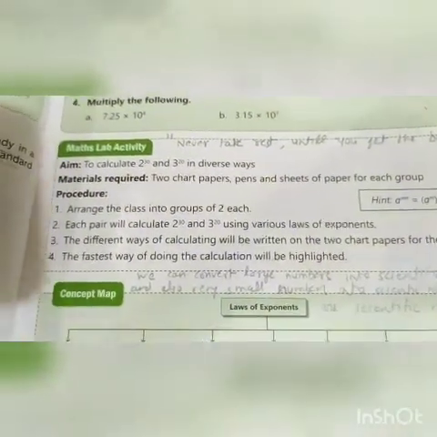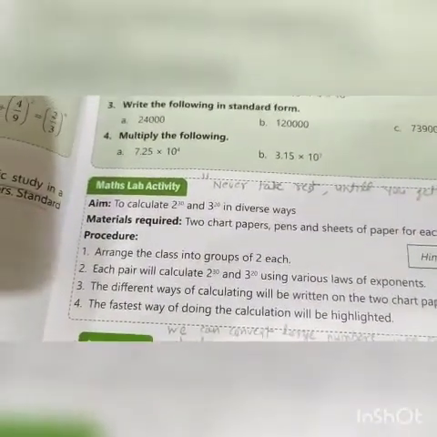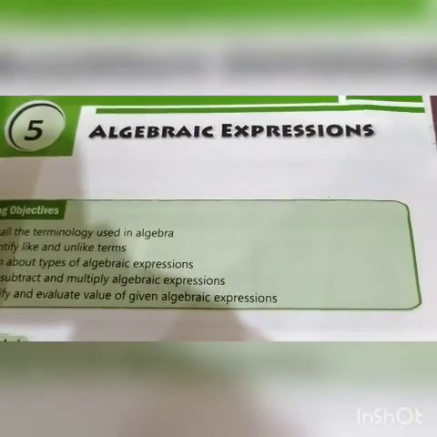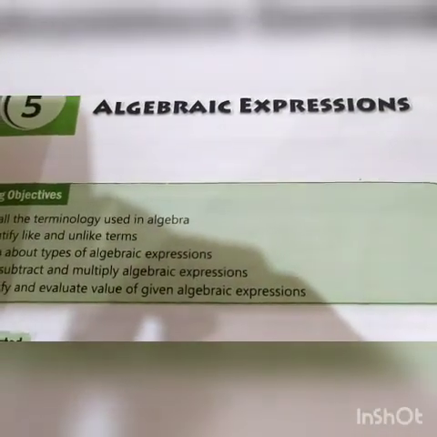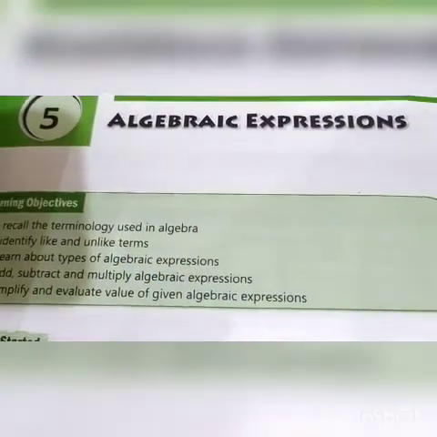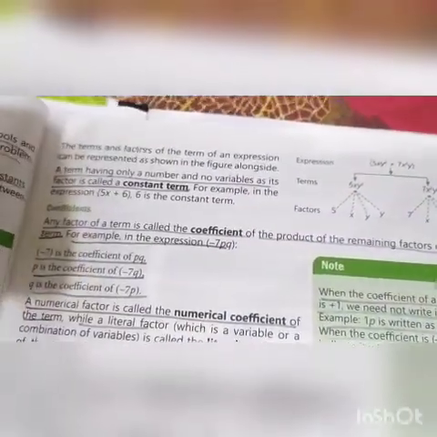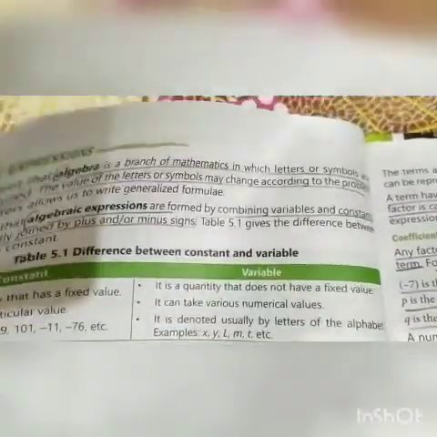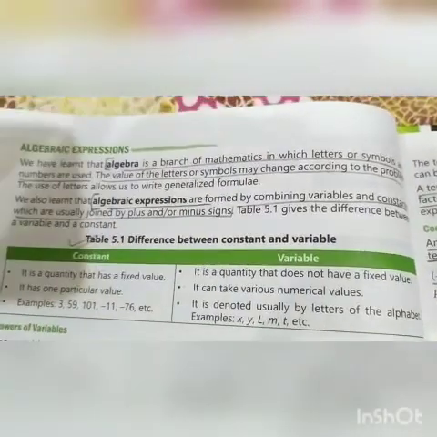Now we will start the next chapter, that is chapter 5. See here, algebraic expression. We will start the new chapter, algebraic expression. In this chapter 5, algebraic expression, I have underlined so many lines.